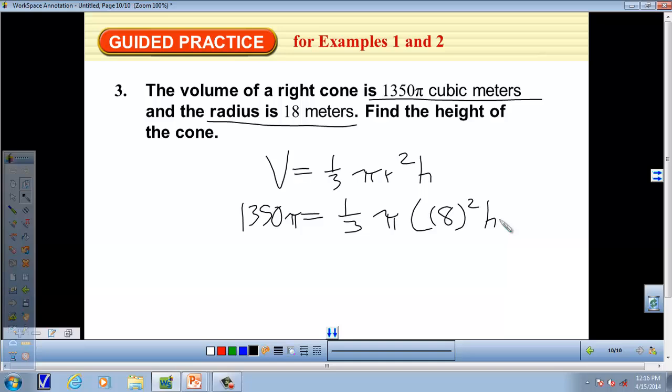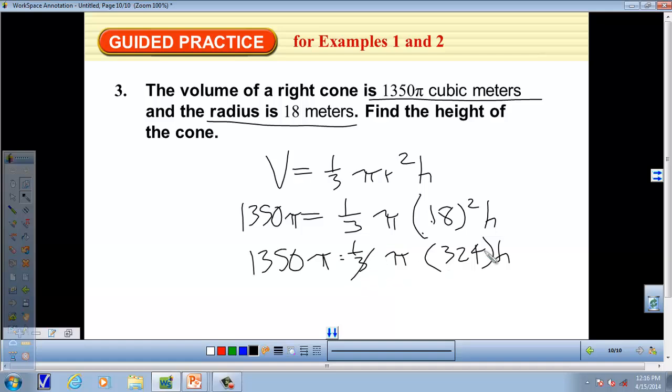Now, when you do a problem like this, make sure that you do not divide 18 and 3 until after you've squared it. So we get 1350 pi, and that's equal to 1/3 pi times 18 squared, and 18 squared is 324 times the height.